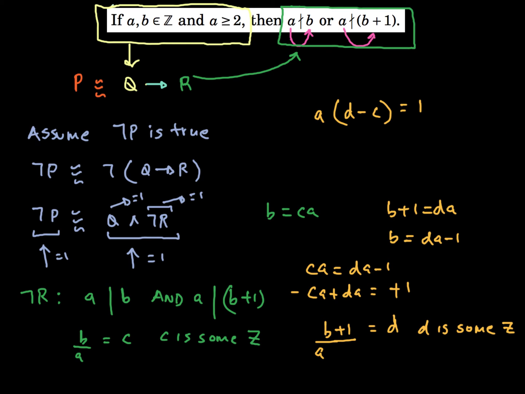Now what I know from here is that D is some integer, and C is also some integer. So D minus C is also some kind of integer, but more importantly, it's an integer that happens to be positive. It's going to be greater than 0.